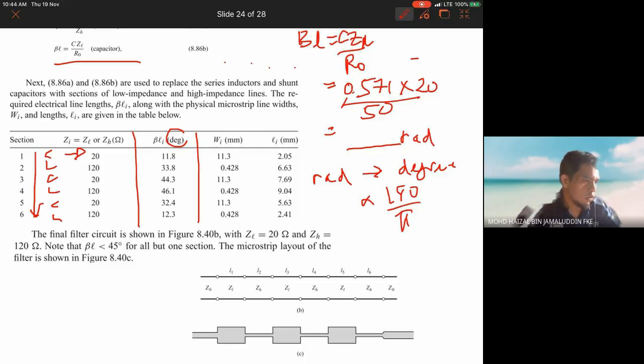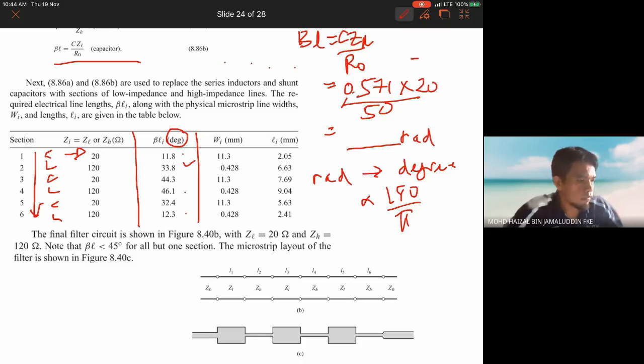So you do all the calculation for the second, third, fourth, fifth, and sixth sections, and you will get all the values here.